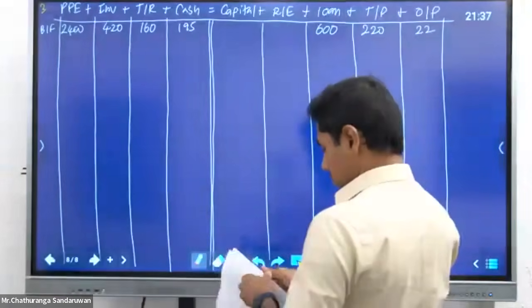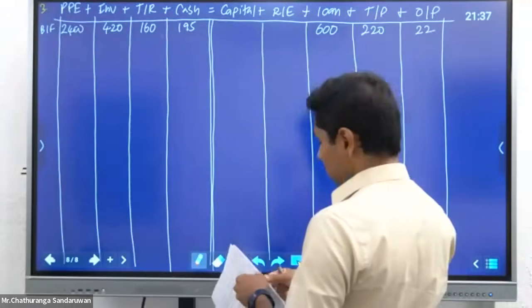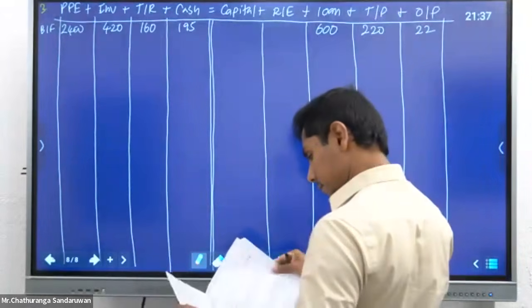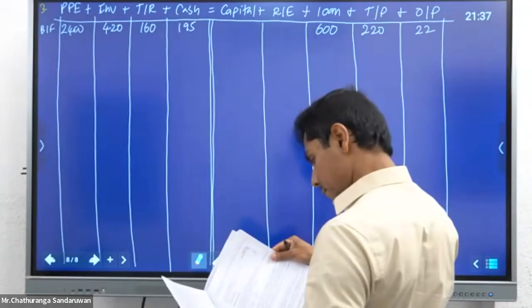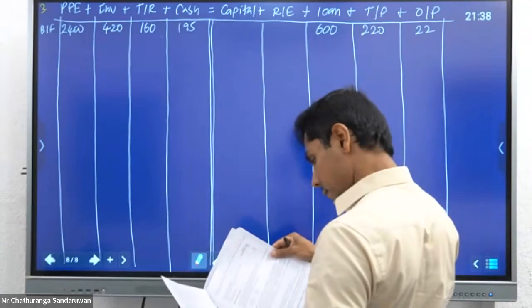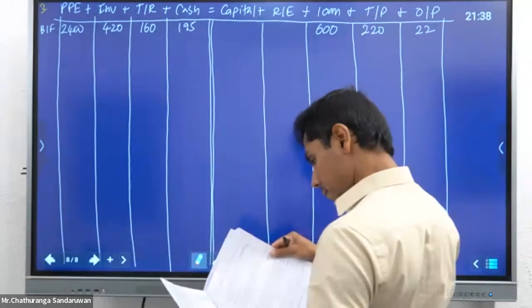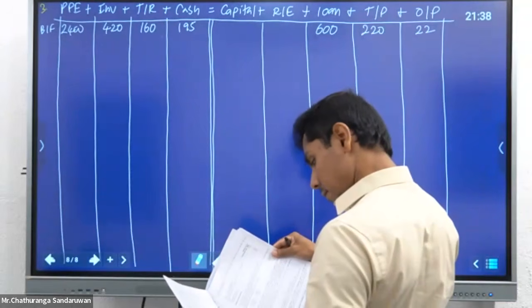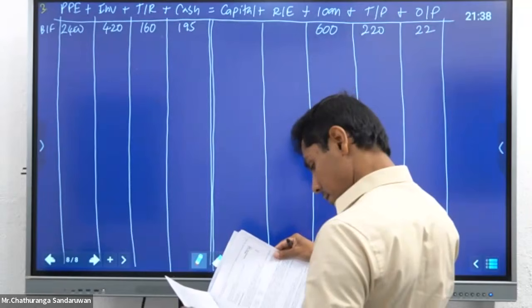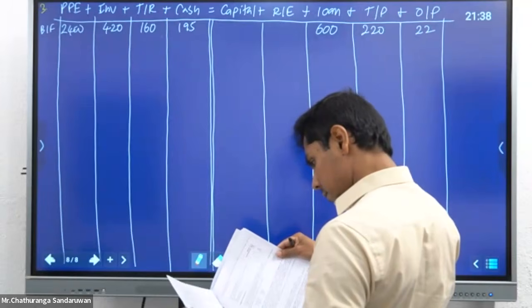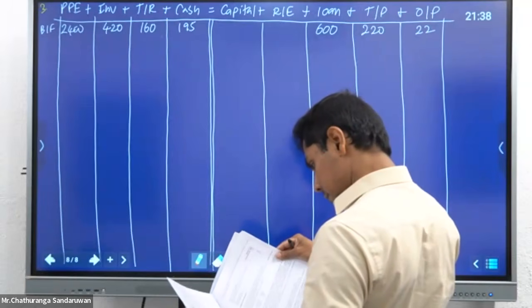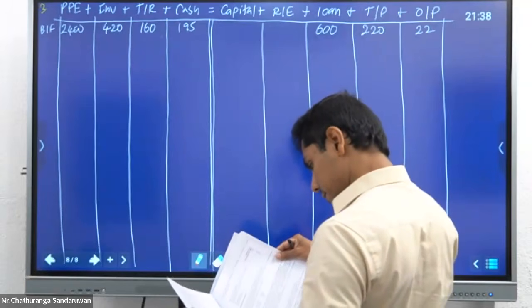Aren't we given the capital or retained earnings balance? Isn't it given?